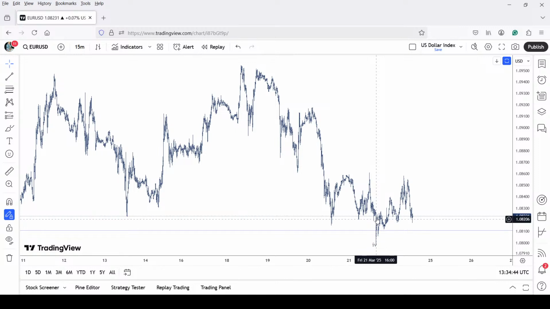Where we got wave 1 and 2, that is wave 2, 3, 4, and 5. So if this is a leading diagonal, we are now seeing a corrective decline almost towards the past wave 4 of one lesser degree. So this could be lower degree wave 1 and lower degree wave 2 respectively.